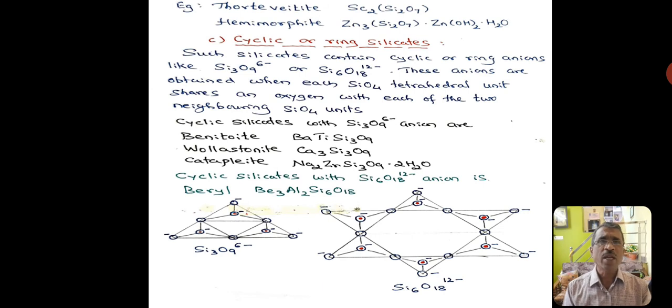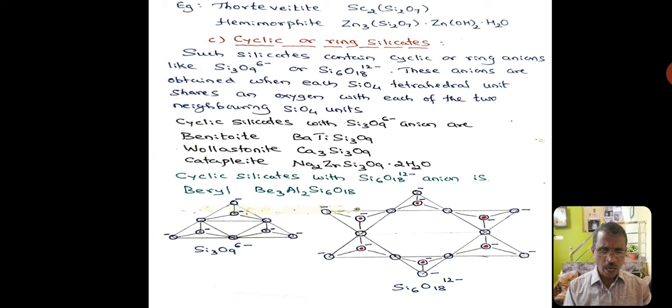Benitoite is a barium titanium cyclic silicate. Here titanium valency is +4 and barium valency is +2, so +4 +2 is +6, and with -6 the total charge becomes 0. Another example is wollastonite.